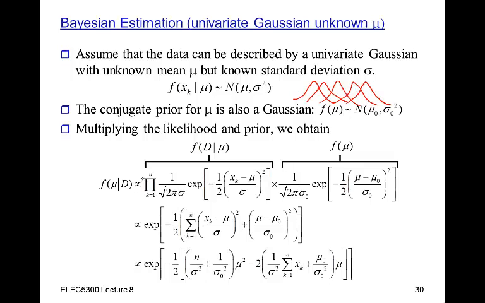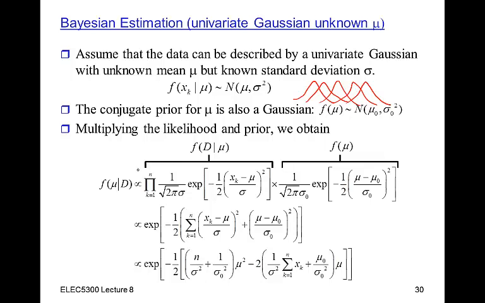The prior probability density over mu is just a Gaussian with mean mu0 and variance sigma 0 squared. And the probability of the data is just the Gaussian evaluated at the data, with mean mu and variance sigma squared.